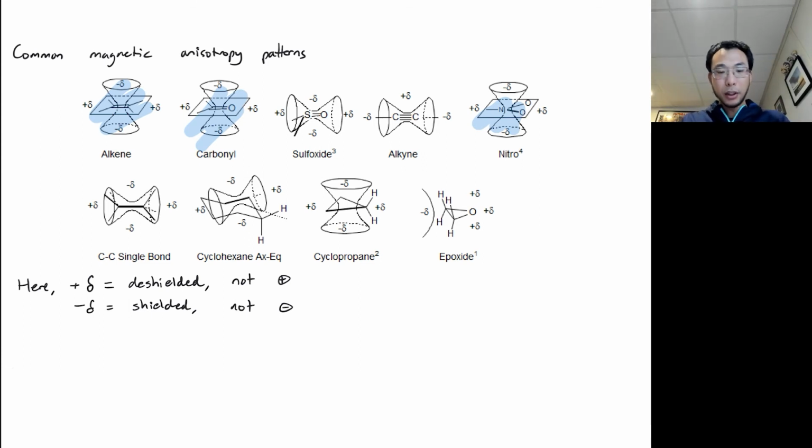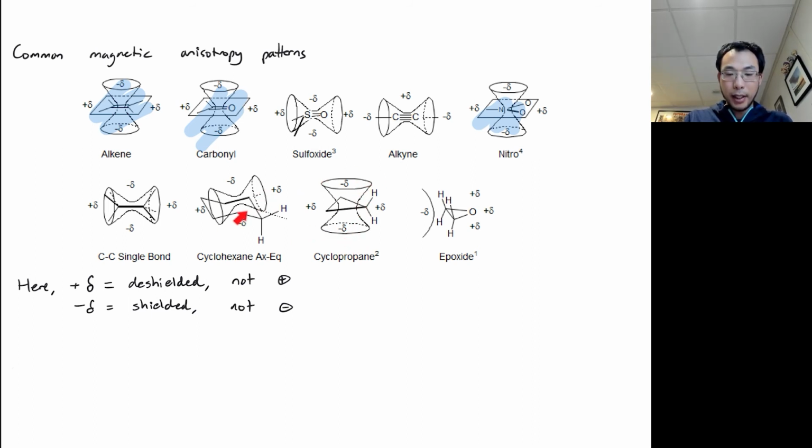As I was alluding to earlier, though, you can actually define anisotropy for single bonds and rings. It turns out that a lot of the data tables that we look at already factor in the impact of carbon-carbon bonds, since every single molecule has carbon-carbon. So the major one to take away from here is that in cyclopropane and cyclohexane, the real impact is that you end up almost looking like a pi bond, where you have regions above and below the ring.